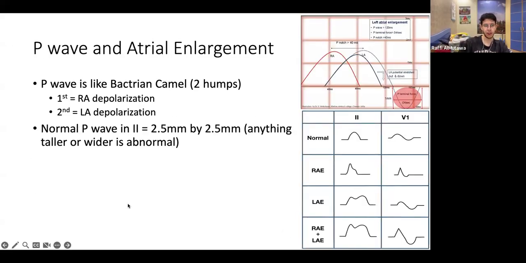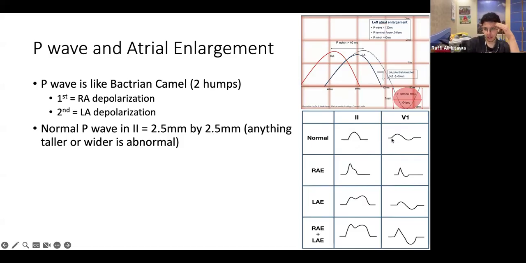Let's talk about the P wave. Like I said, the monkey sees the P wave, the monkey knows this is related to the atria. So this table right here, I want you to take a good look at. We're looking at two leads, lead 2 and lead V1. Normally, the P wave in lead 2 looks like a normal P wave.